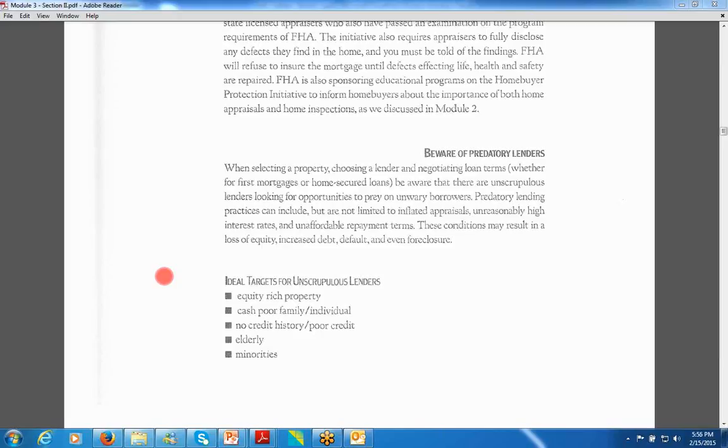The studies have shown that minorities were sold higher fees, higher rate mortgages with the same credit. So just be aware that you need to shop, and do not be afraid to say, I'm going to compare to somebody else. Do not be afraid to ask for better. Ask for it or you won't get it.